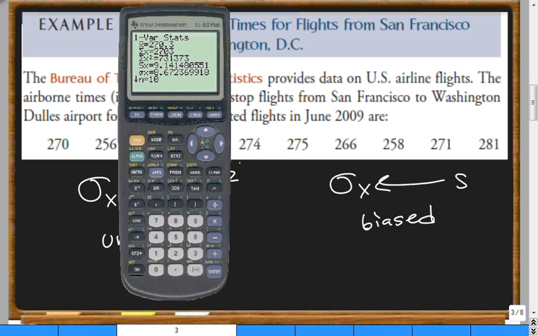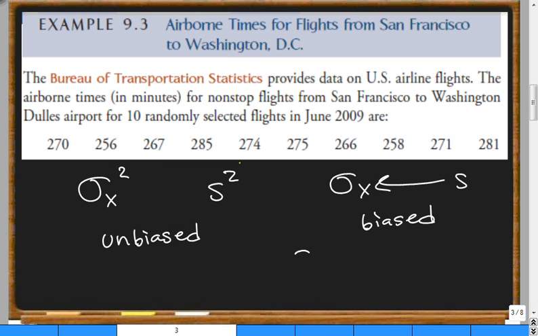Now we are going to use S to estimate because this is a way for us to do a point estimate, even though these two numbers are different. So if we were to try to measure the variability here, we are going to use our sample because this is a sample again. So we are using S, and S was like 9.14 minutes.